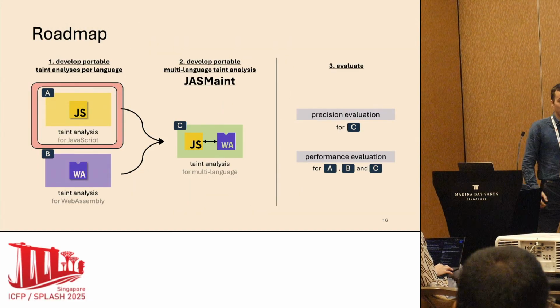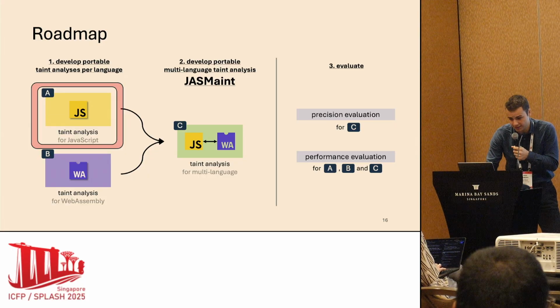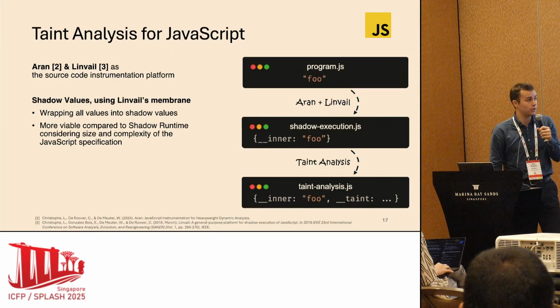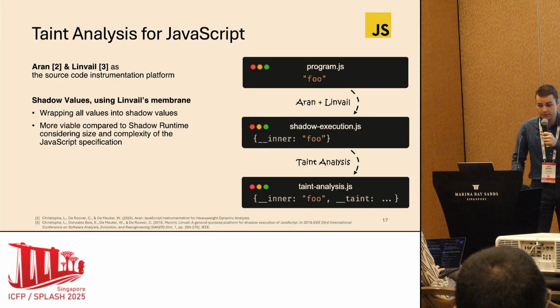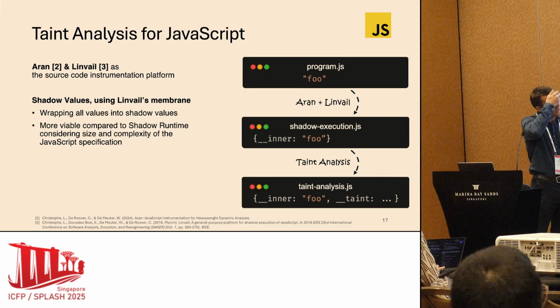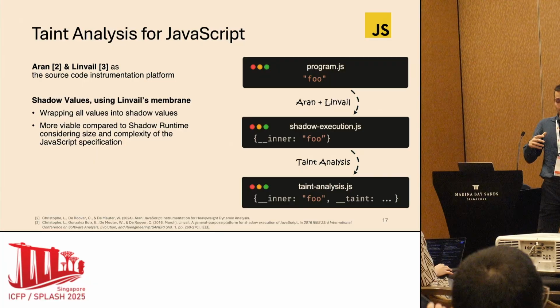Great. So regarding the roadmap, let's dive into the details of the JavaScript taint analysis. To develop the taint analysis for JavaScript, we use the frameworks Aran and Linvail as a source code instrumentation platform. And we essentially use shadow values to track taint.